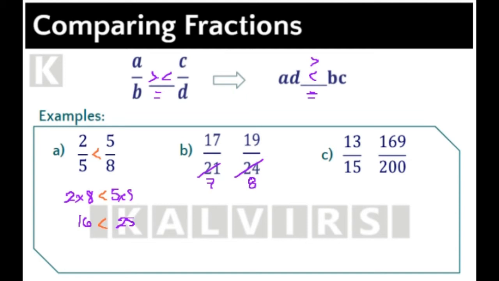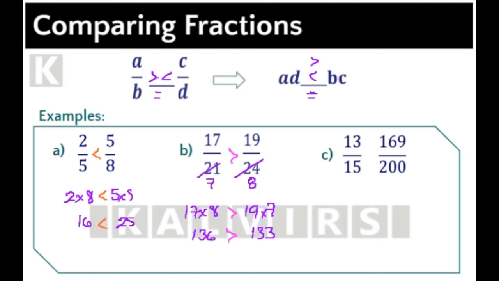We do now the cross multiplication, so we have 17 times 8 and 19 times 7. In the first part, we have 136 and 133 on the other side. So 136 is greater than 133. So 17 over 21 is greater than 19 over 24.